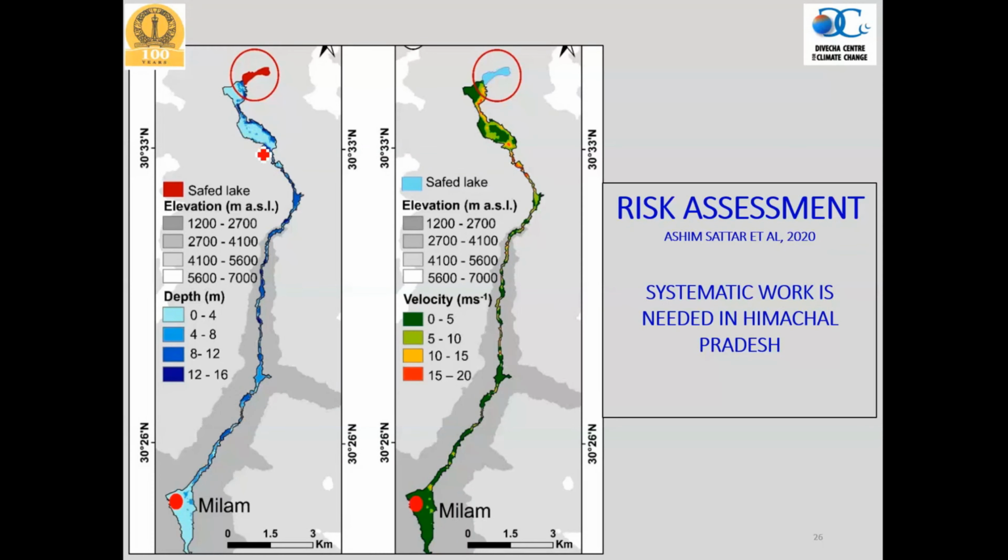So at some places it will be up to 4 meters, some places it is much higher, some places it is lower. It can also tell you how much velocity the water flow is going to have, depending upon topography and the distance from the flash flood. This could be velocity from 0 to 5, 5 to 10, or it is very high in some places, 15 to 20 meters per second.